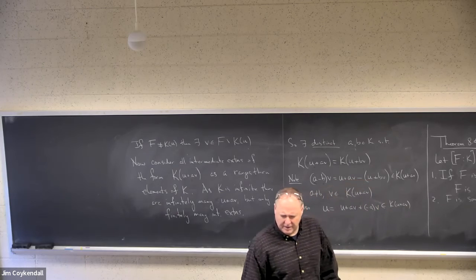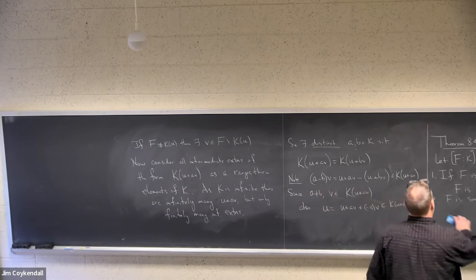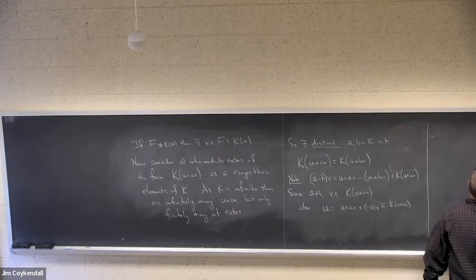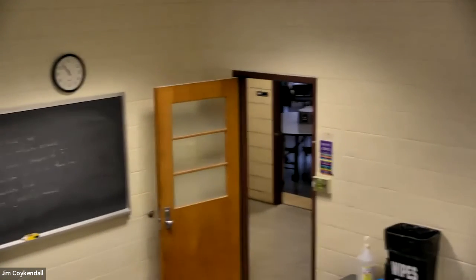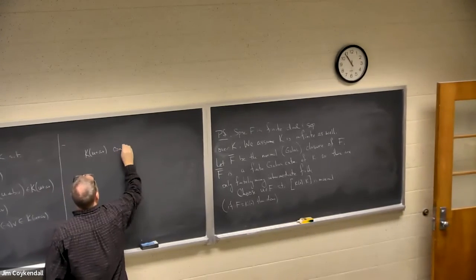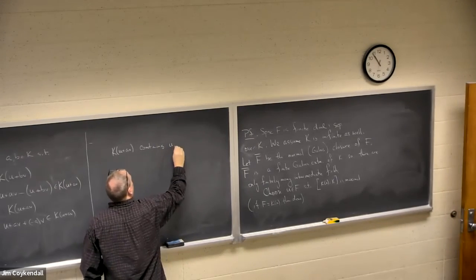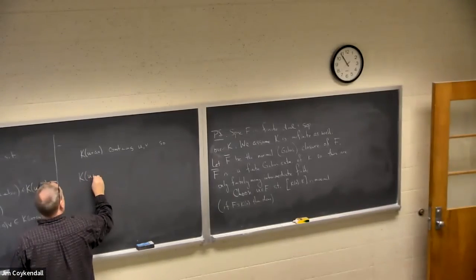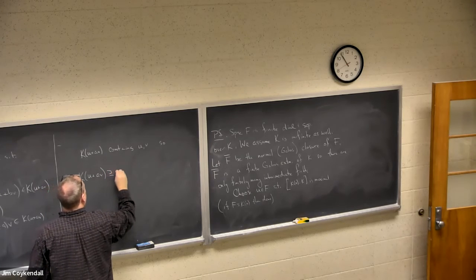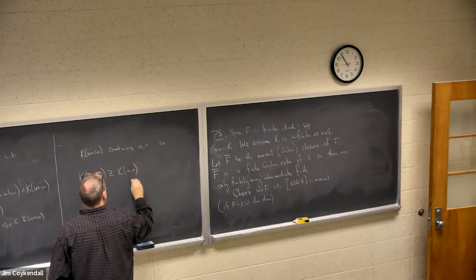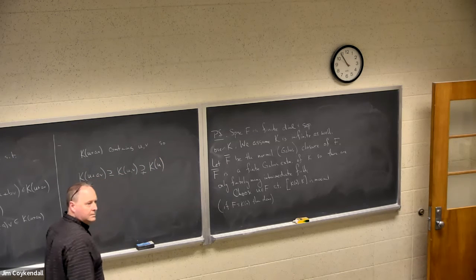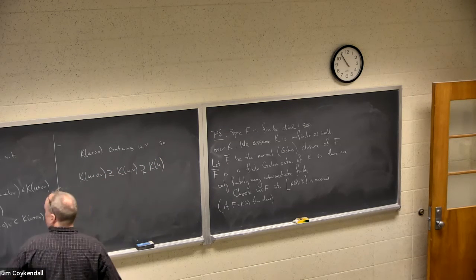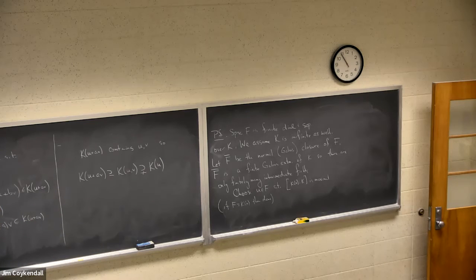And so what do we get from this? So we know that K(u plus av) contains u and v. So it strictly contains K(u), right? Because remember, v was assumed to not be in K(u).